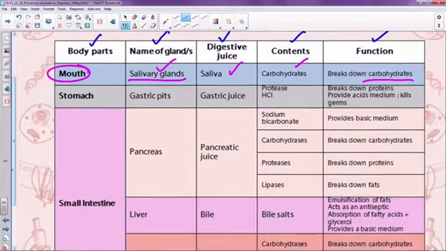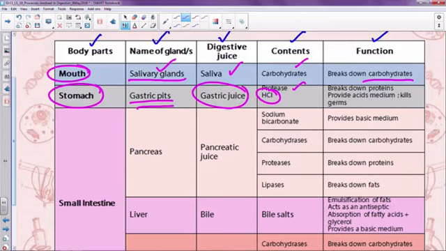The next part of digestion occurs in the stomach, and here you've got gastric juices which are released from gastric pits in the lining of the mucosa layer. Here you've got enzymes called proteases that are released. So you've got your proteases and hydrochloric acid, and that's the acid that is released to maintain the pH for the effective functioning of the protease enzymes.